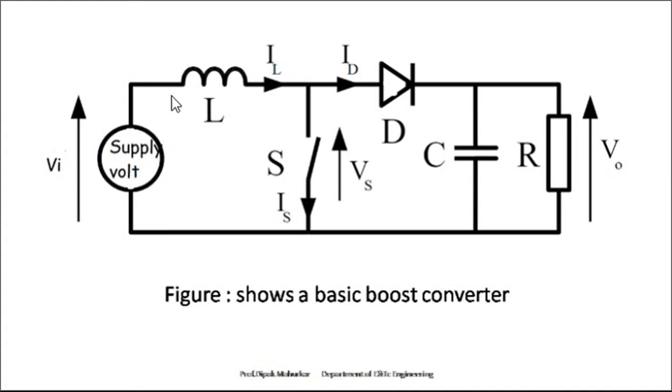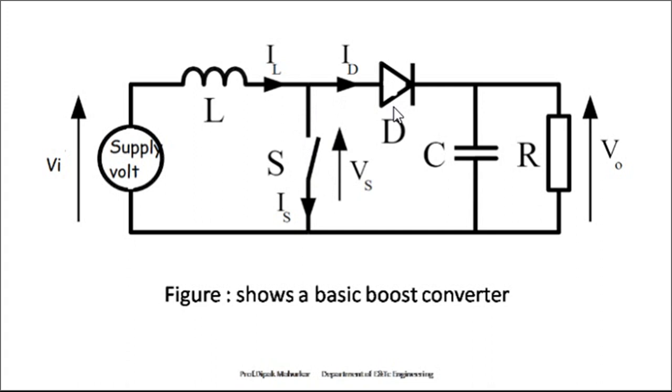In series with the supply, an inductor is connected, defined by the letter L. Then a switch is connected across this circuit; this is nothing but your FET, field effect transistor. The switch turns on and off within hundreds of microseconds, a very small time period, so it switches on and off very fast.